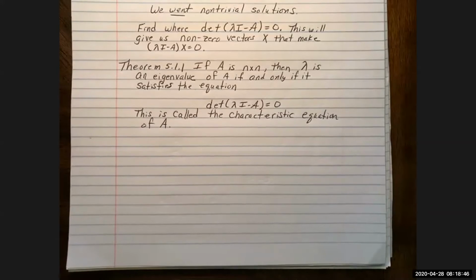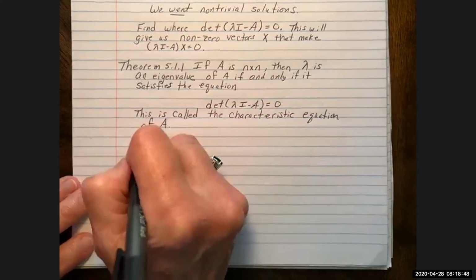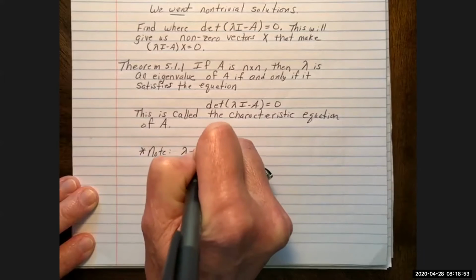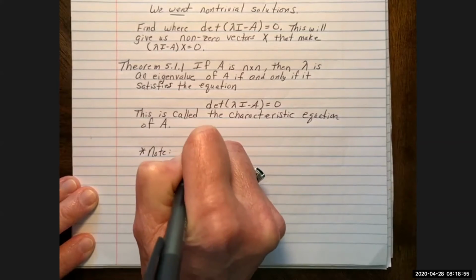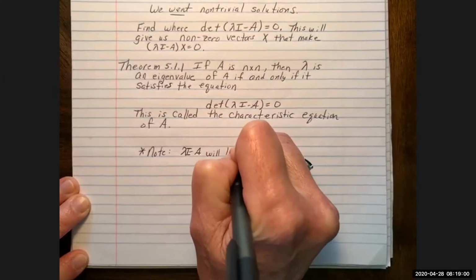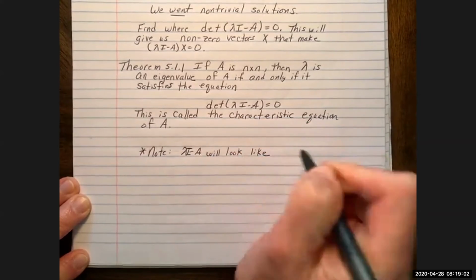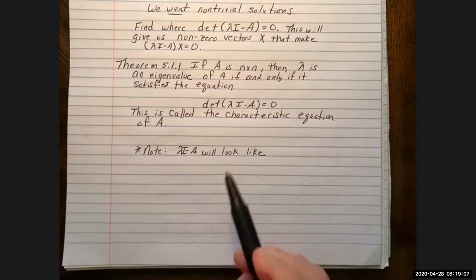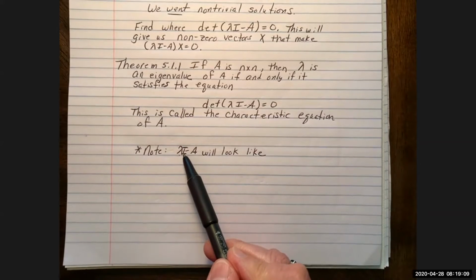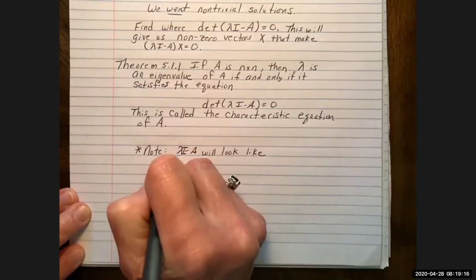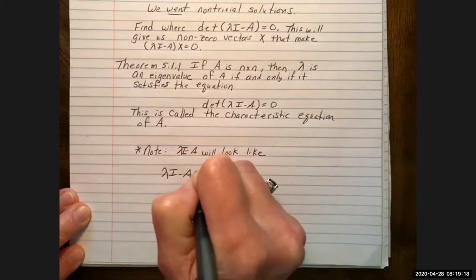Okay, before we do an example, let's take a look at what lambda I minus A is going to be. Oops, I forgot my I. You're always taking the identity matrix that's been multiplied by lambda. So you have lambda on your diagonal entries and 0 everywhere else, and then you're subtracting matrix A. So it's always going to look like this.